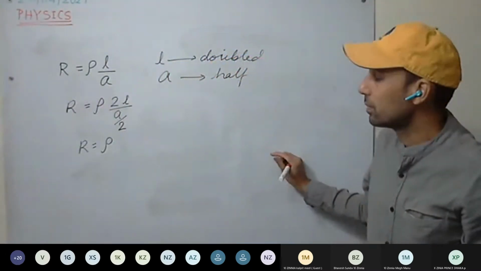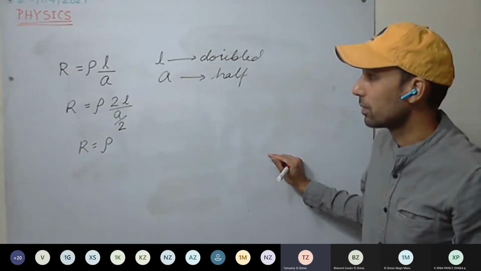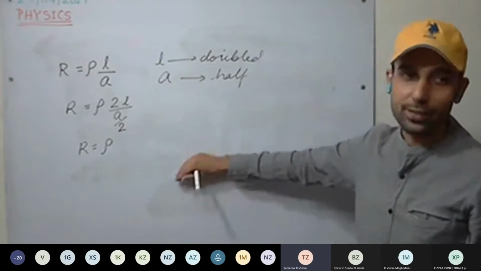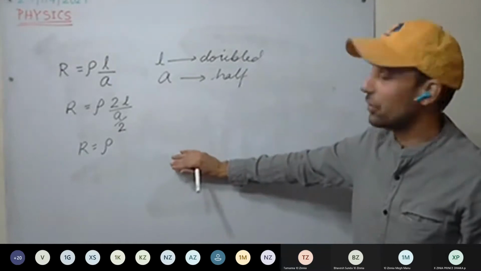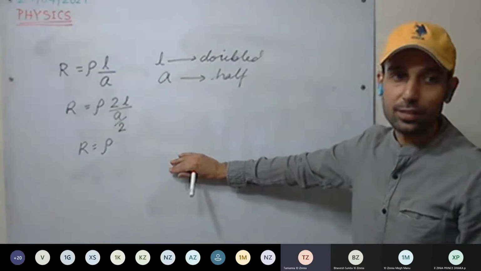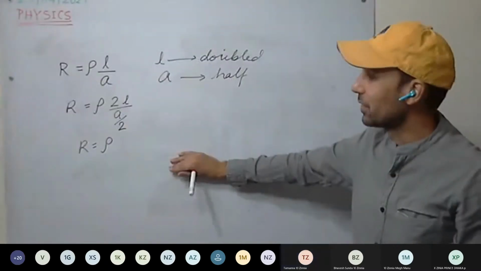Sir, can you explain this again? This equation R is equal to density L upon half. It's not density. Okay, where were you earlier? I have told in class, if you have a doubt, ask immediately. Sir, I asked only. You just started. You haven't asked.